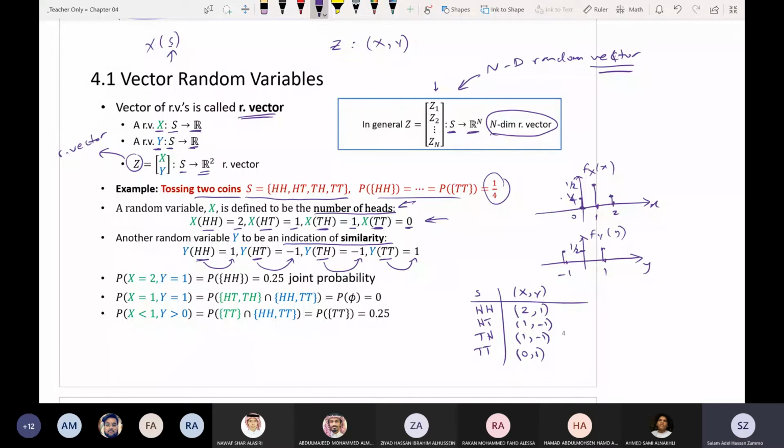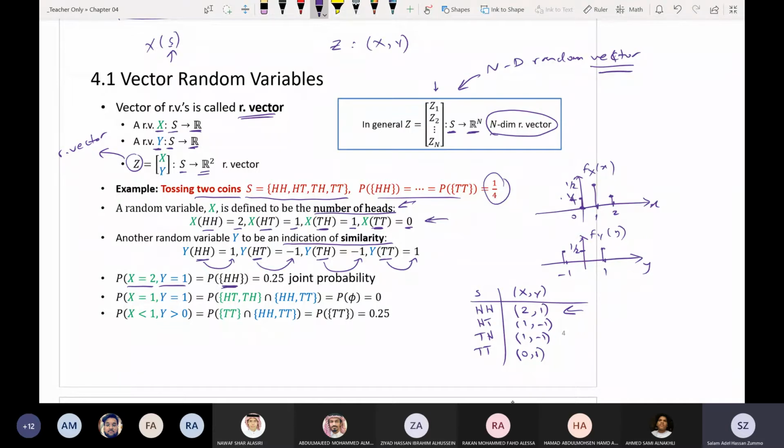Now I can talk about the probabilities. What is the probability that X equals 2 and Y equals 1? When does this happen? It happens when it is head, head, which has probability 1/4.